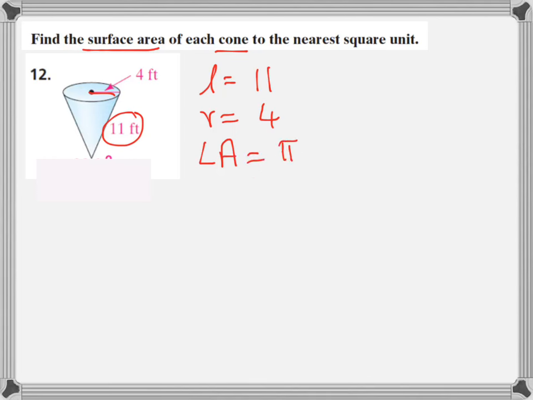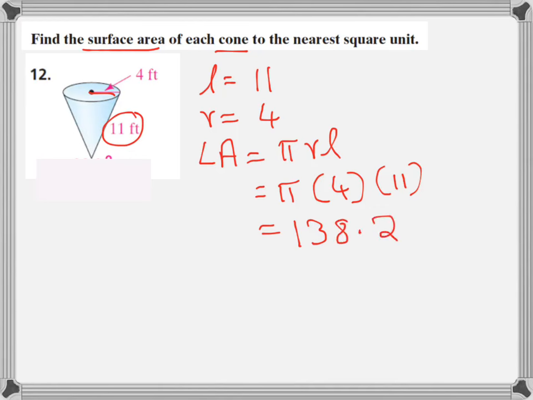It is pi r L. So just plug it in. Pi times 4 times 11, which is going to be equal to 138.2. It says round to the nearest square unit, so which is 138 feet squared. That is LA.